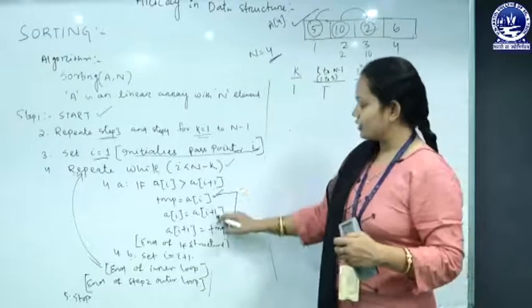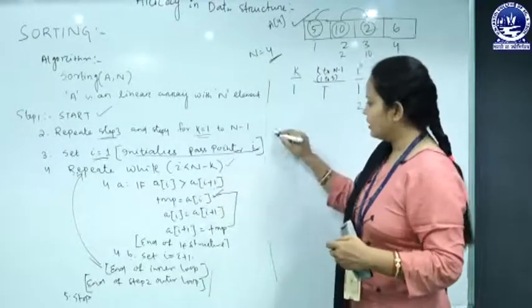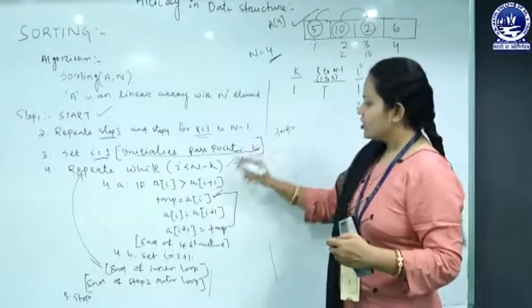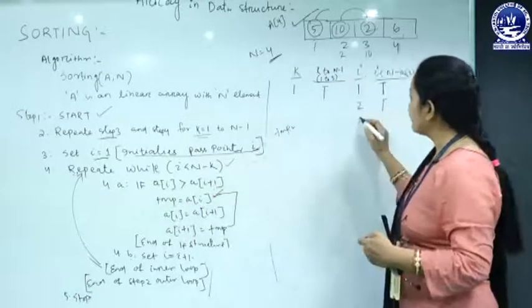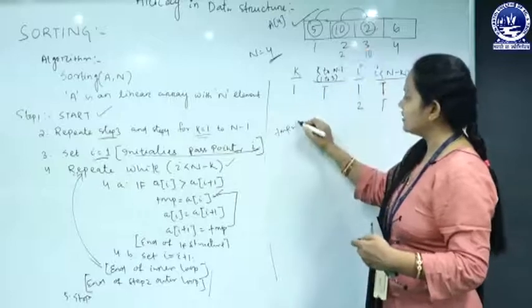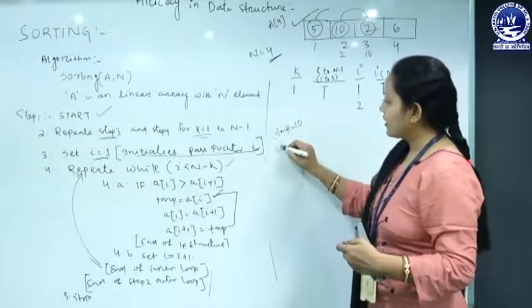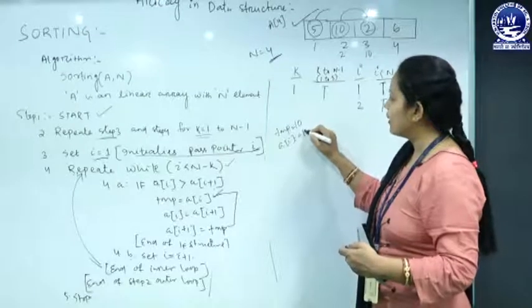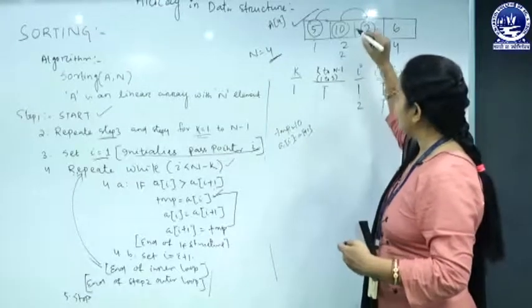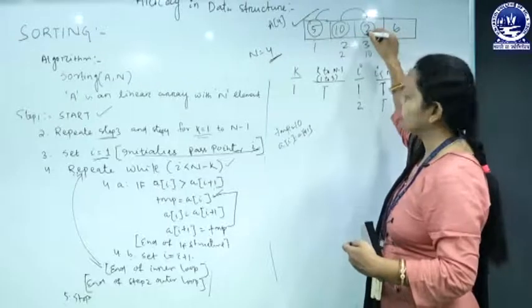By executing this, you can see the temp variable. Temp contains A of I location data, that is A of 2 location data, which is 10. Then A of I will contain A of I plus 1, that means A of 2 will contain A of 3 location data.